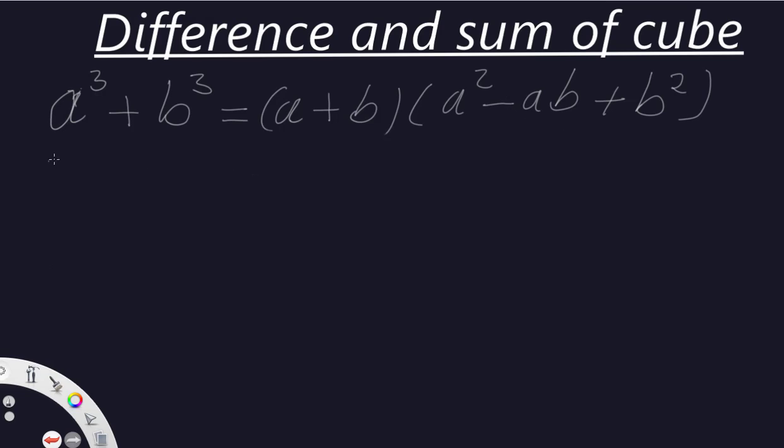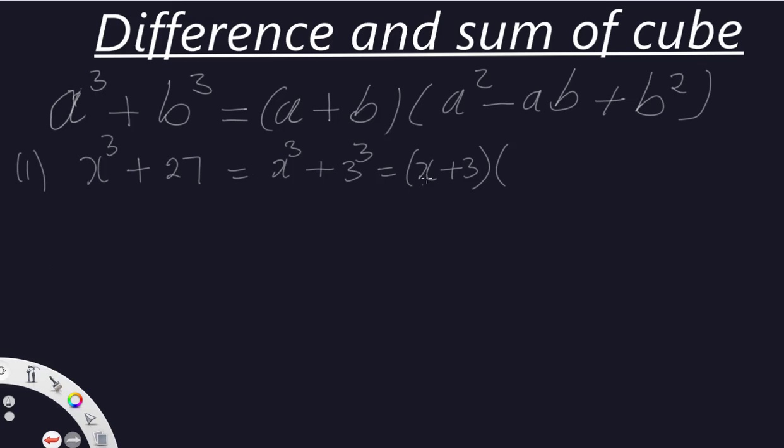Now, for an example, we just go to the same example. X cube, let's say, plus 27. So what will happen there? We'll have x cube. 27 is 3 to the exponent 3. All right, so we'll have x plus 3.